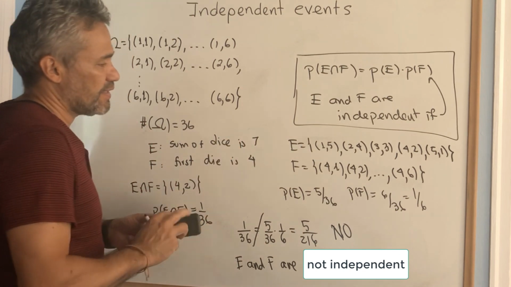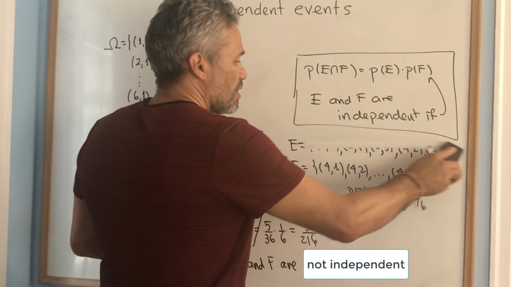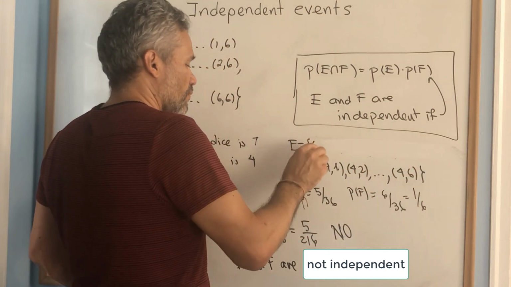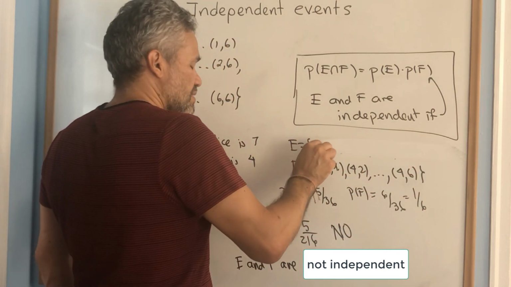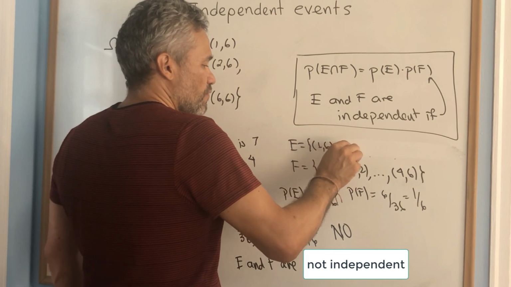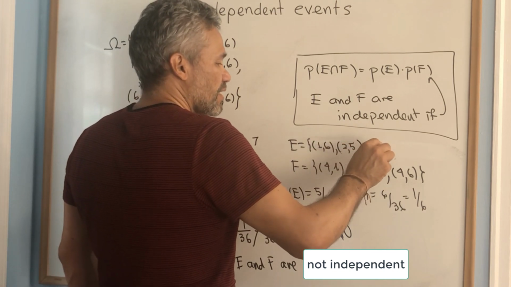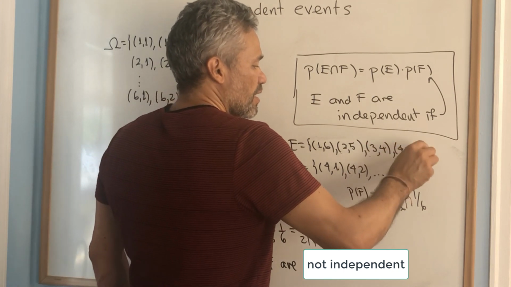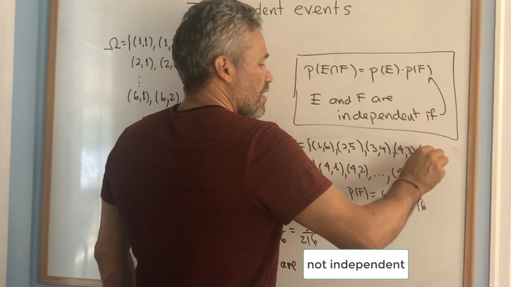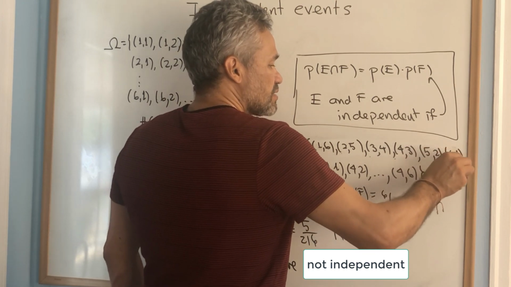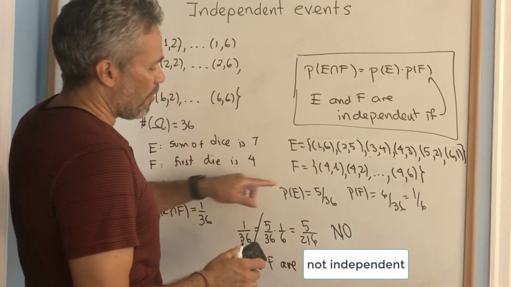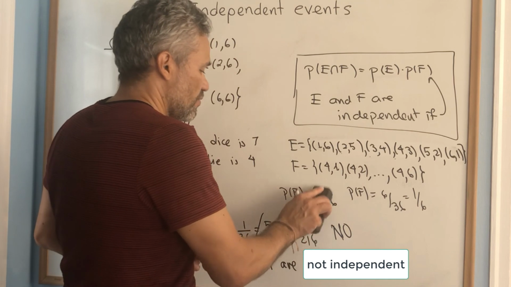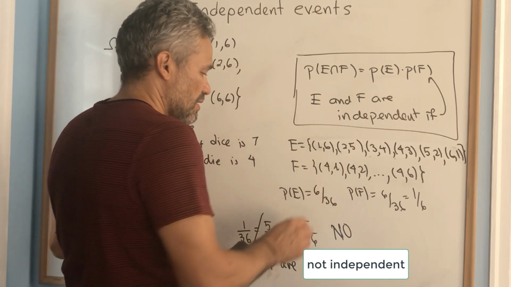Notice that the situation would have been different if I changed this 6 with a 7. What would be different? In this case, E would be 1,6; 2,5; 3,4; 4,3; 5,2; and 6,1. And therefore, the probability of E would have been 6/36.